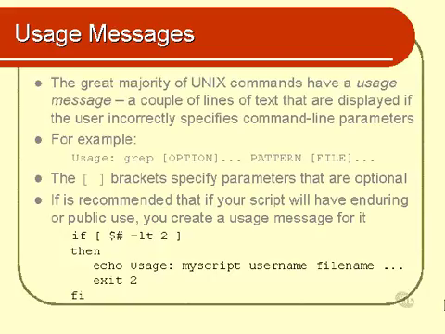If the number of parameters is less than 2, so let's assume that this particular shell script requires 2 or more parameters, then echo out usage: and then the name of your script followed by the actual 2 parameters that are mandatory, which might be a username followed by a file name. Now I've put ... there, meaning I guess that should be interpreted to mean that we can actually specify several file names. And then of course you exit the program, because there is no way to continue because the user did not specify the correct options on the command line.